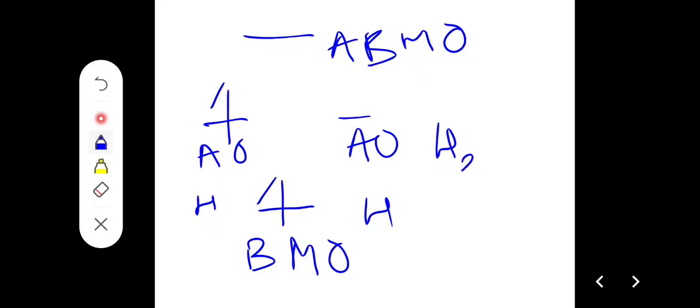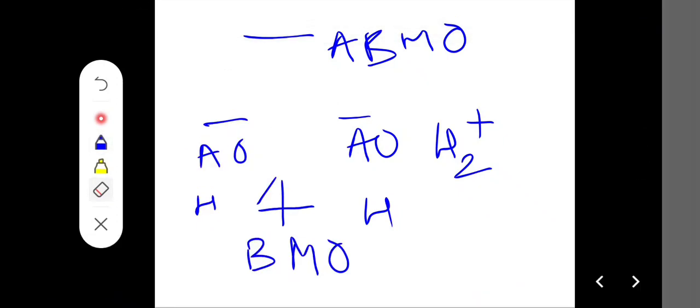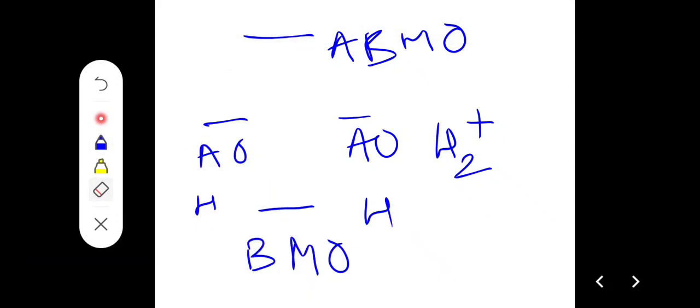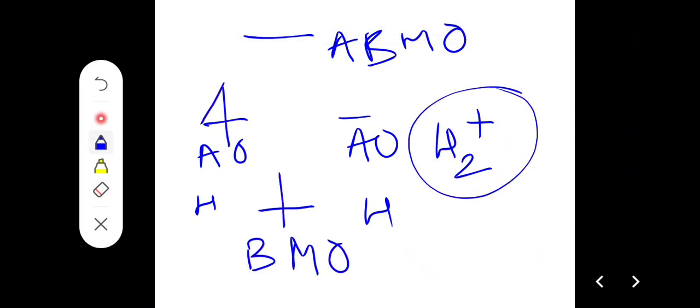Now we consider H2 plus. There should be one electron. This electron goes into the bonding molecular orbital first.